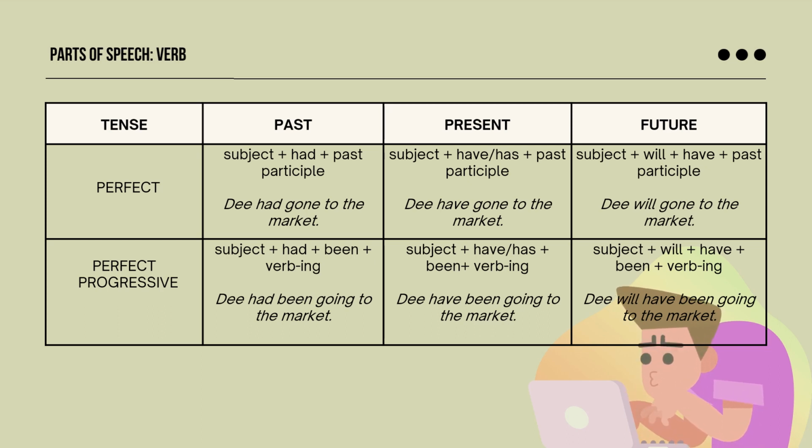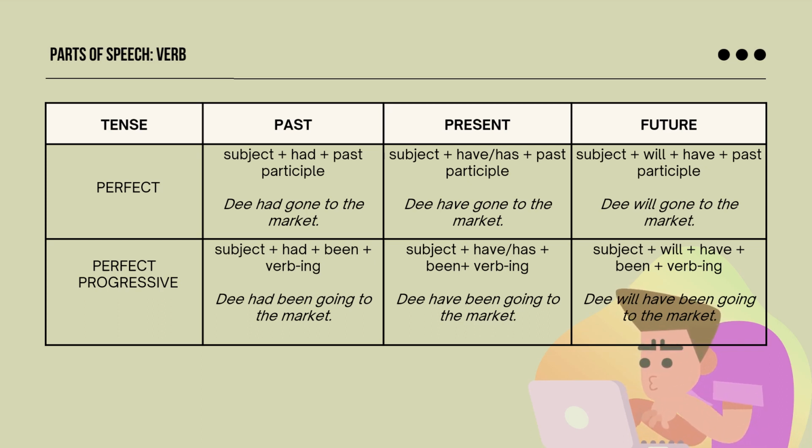For the future tense, subject plus will plus have plus past participle, meaning D will have gone to the market. Again, past tense, D had gone to the market. Present tense, D has gone to the market. Future tense, D will have gone to the market.